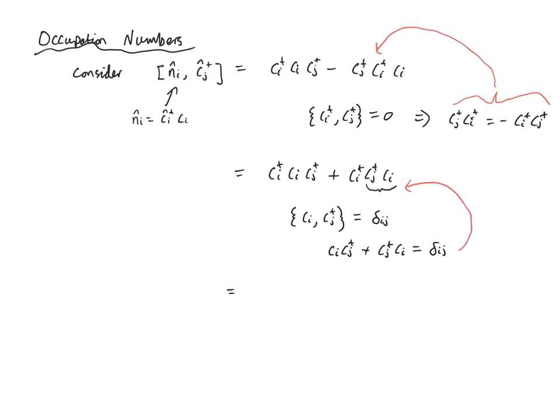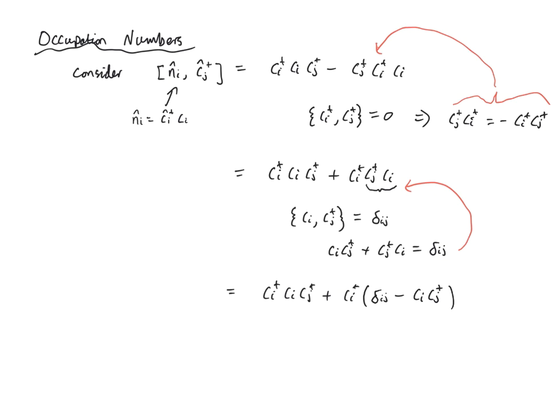And then we'll end up with, again, the first term, Ci dagger Ci Cj dagger, plus Ci dagger, and then we're going to swap the order of Cj dagger and Ci to give us delta ij minus Ci Cj dagger.